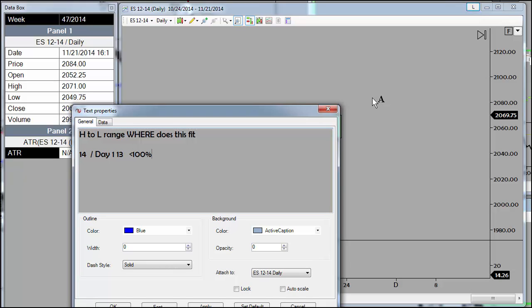So that would fit in the 90% band, the 100% or less, 110% or less, and so on. Day 2, let's just use a 17-point range. So this is less than 130% ATR, but it's at 120 or greater than that.